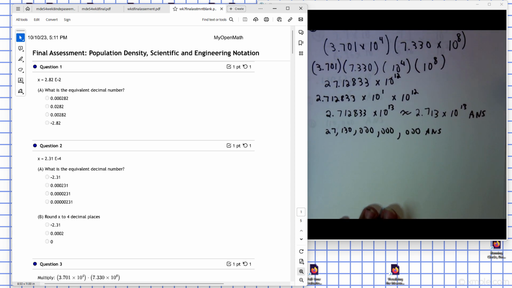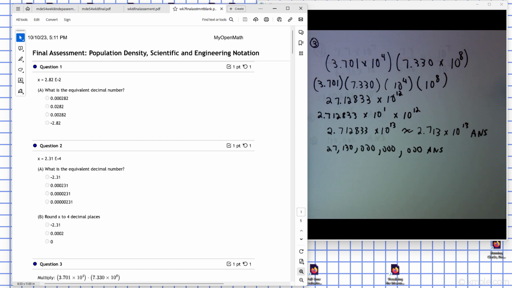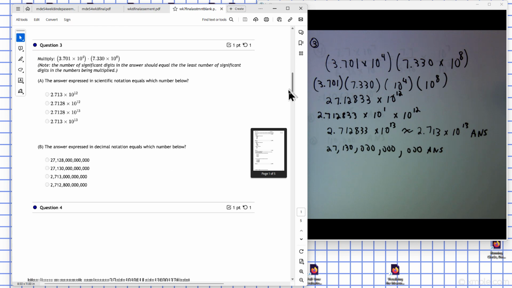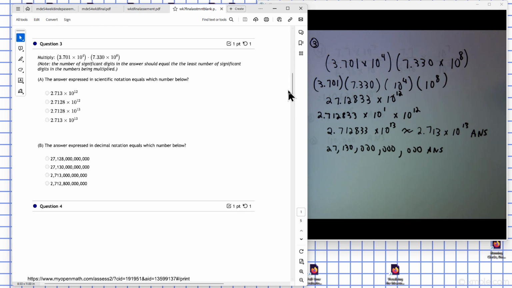Number 3. We're multiplying. Notice the number of significant digits equals the least number of significant digits in the numbers specified here.